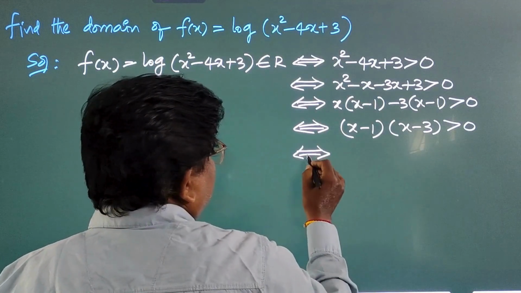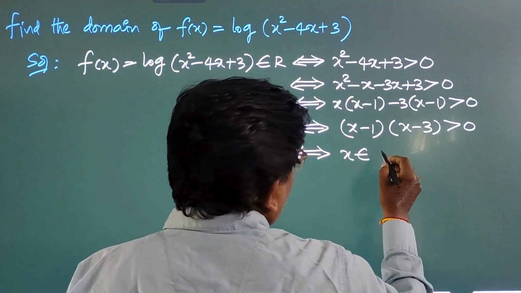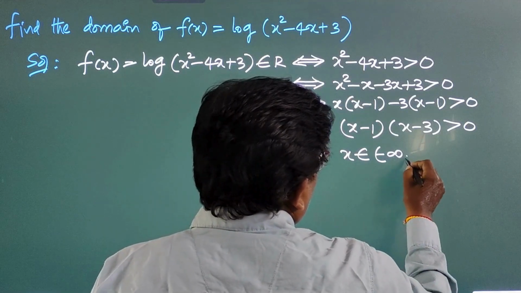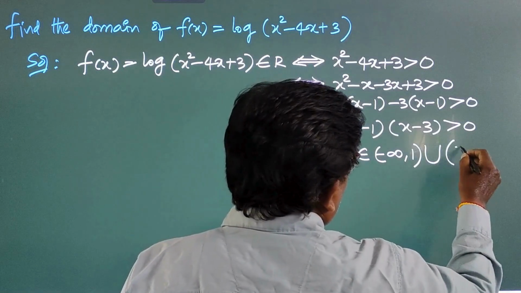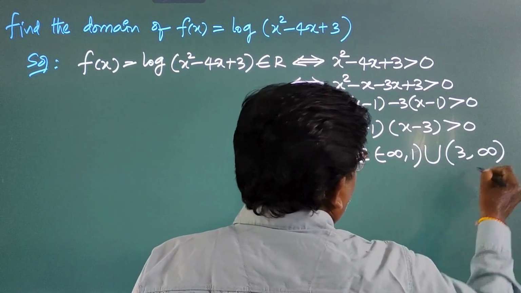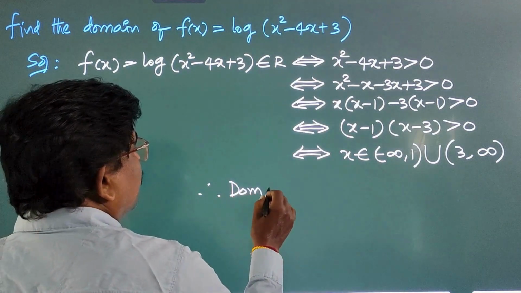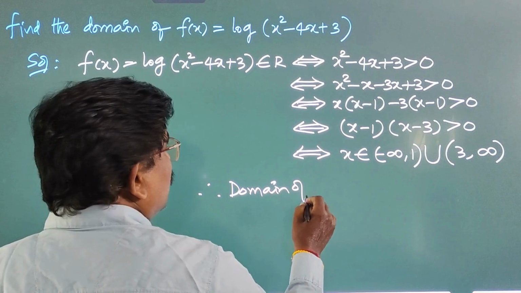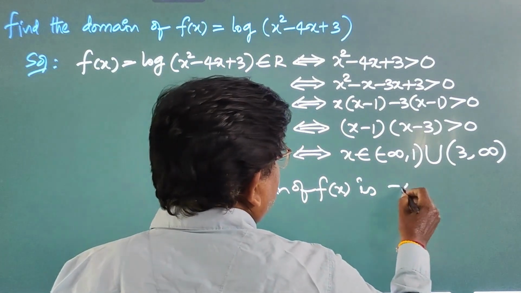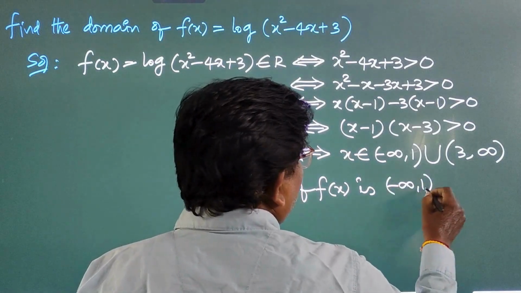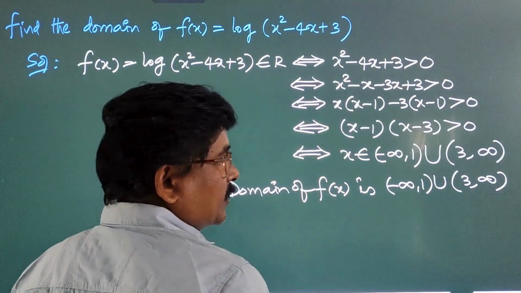Therefore, we can express this as x belongs to minus infinity to 1 open interval union 3 to infinity. Therefore, the domain of f of x is minus infinity to 1 union 3 to infinity.